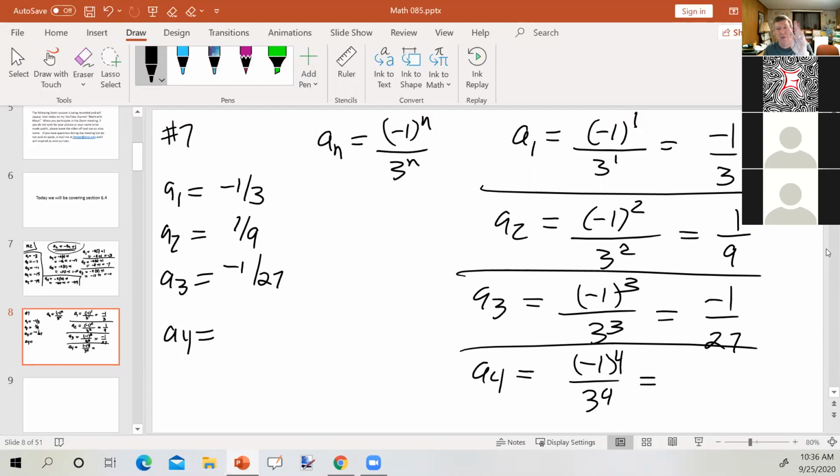If you have 4 factors of -1, -1 times -1 times -1 times -1. If you have an even number of negative factors, it comes out positive. So that's going to be 1 over 81. All right. Any questions on that before I go on to another one?